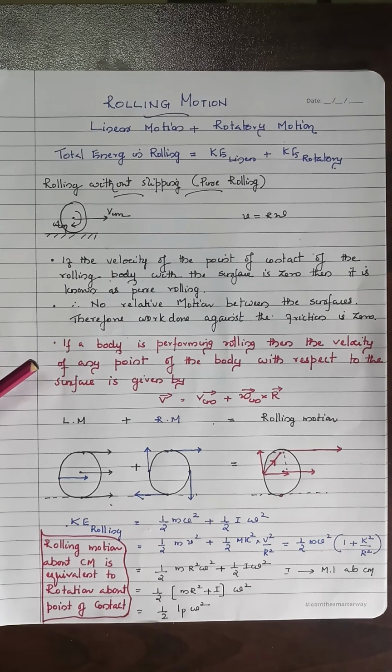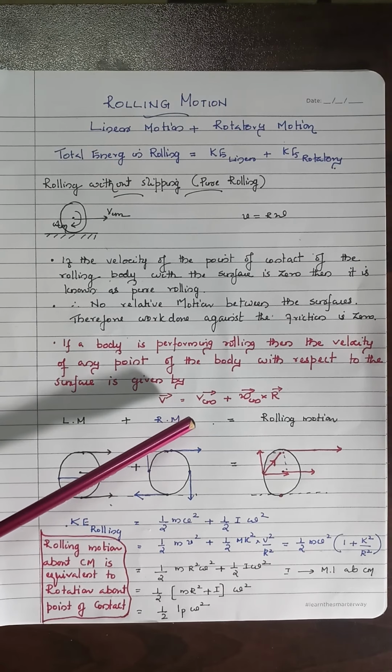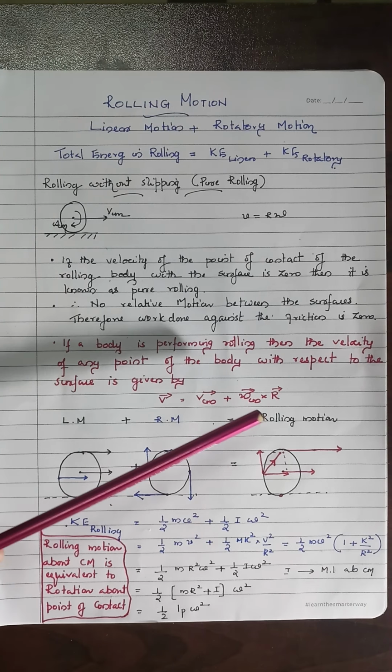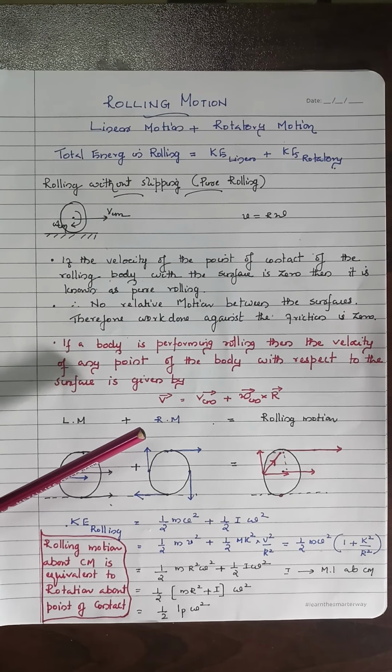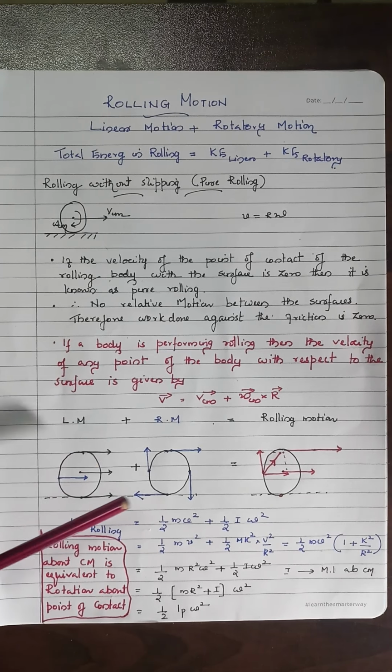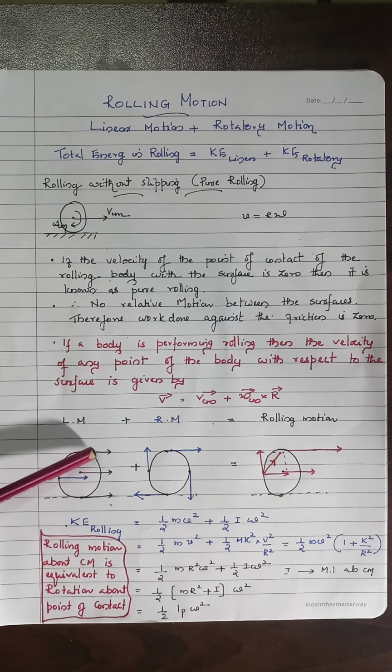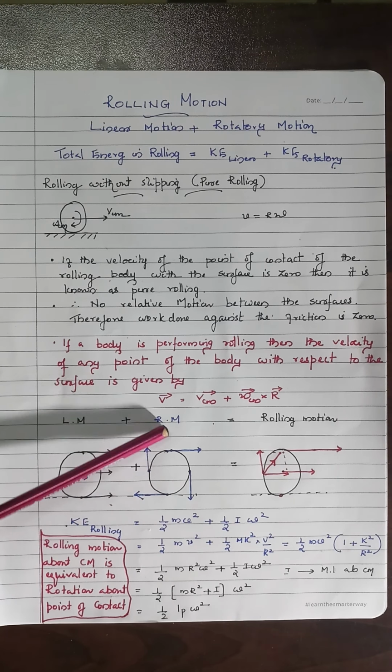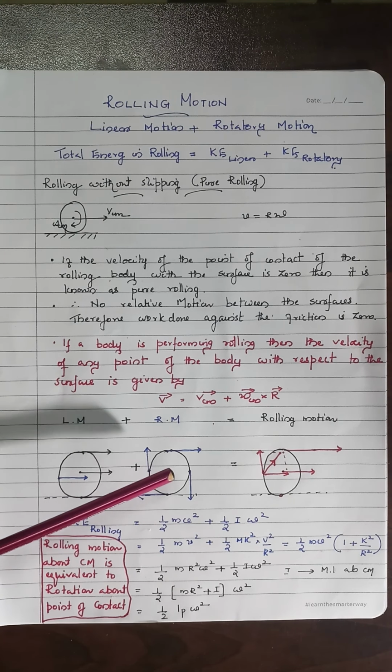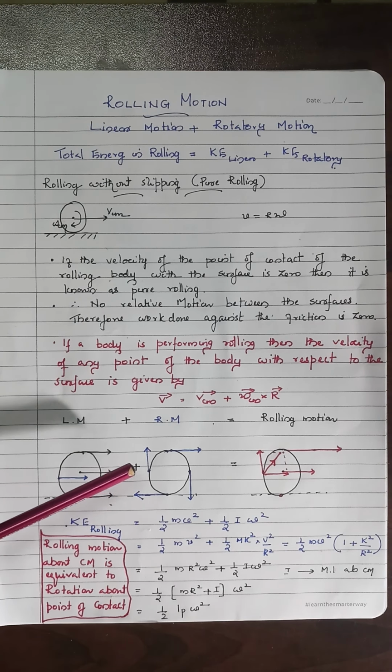Look, if a body is performing rolling, then the velocity of any point of the body with respect to the surface is given by, due to the linear motion, V CM, and due to the rotatory motion, omega cross R. That is a very important one. In linear motion, every particle moves with the same velocity. But in rotational motion, every particle is under circular motion, so tangentially its velocity goes on changing.